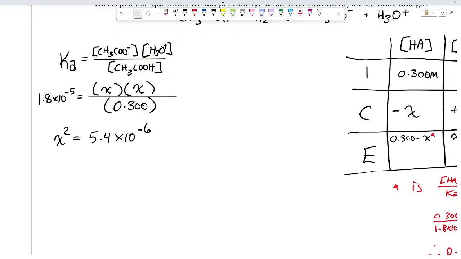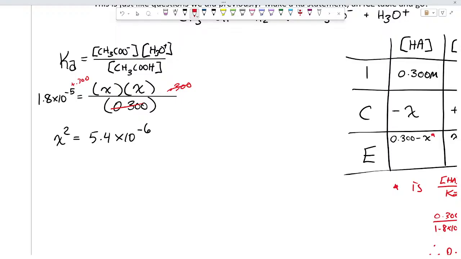Calculators, everyone do it. Everyone do every calculation. Right, what am I doing here? I'm multiplying this side by 0.300, right? And I'm multiplying this side by 0.300. And so we should get x times x is x squared. And is that 1.54 times 10 to the negative 6? All right. What do we do now?